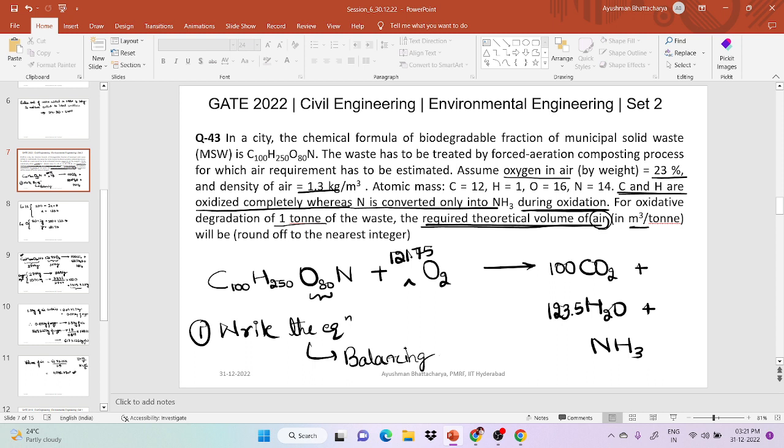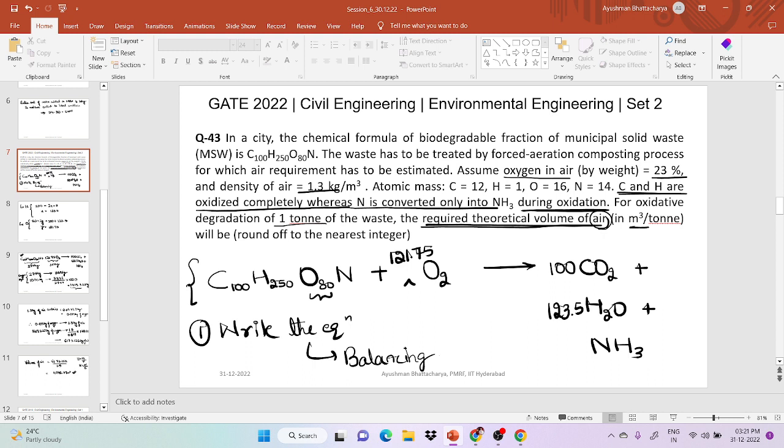To solve these kinds of questions, it is very important to first write the equation. Once you know the equation, then you can balance it. Here the equation says C100 H250 O80 N in presence of oxygen will produce CO2, H2O and ammonia, because they have mentioned that nitrogen is converted only into ammonia during oxidation.